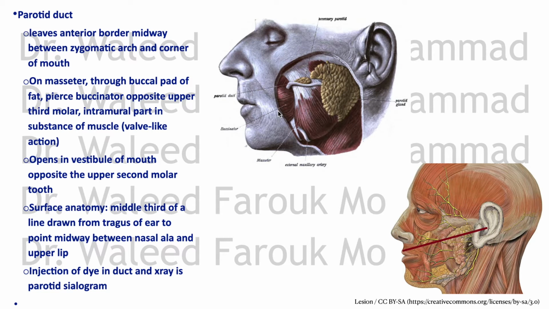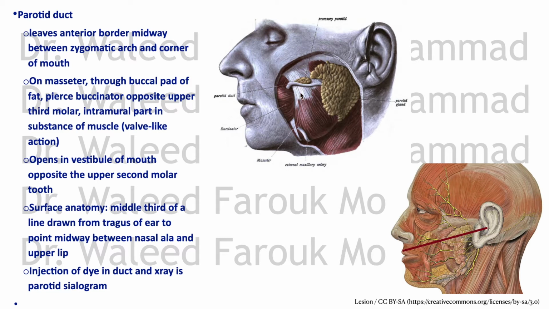This is well known that the duct will open in the vestibule of the mouth, opposite the upper second molar tooth. Now, in some British exams, for the membership, MRCS for example, you get this information in another way.